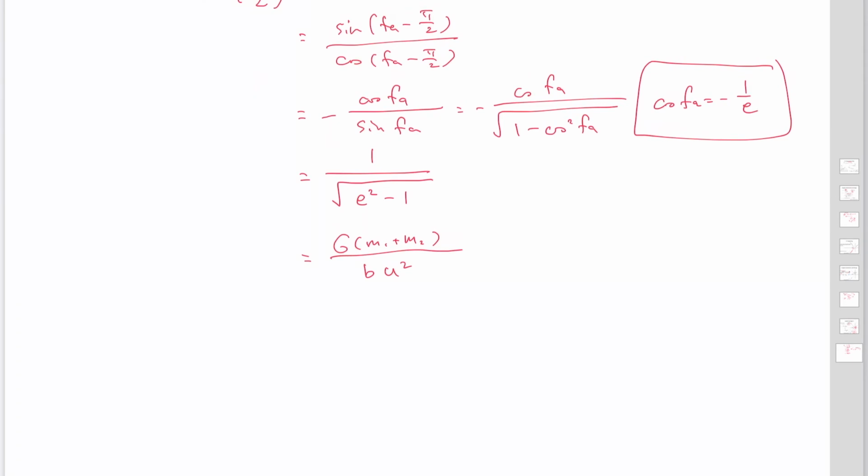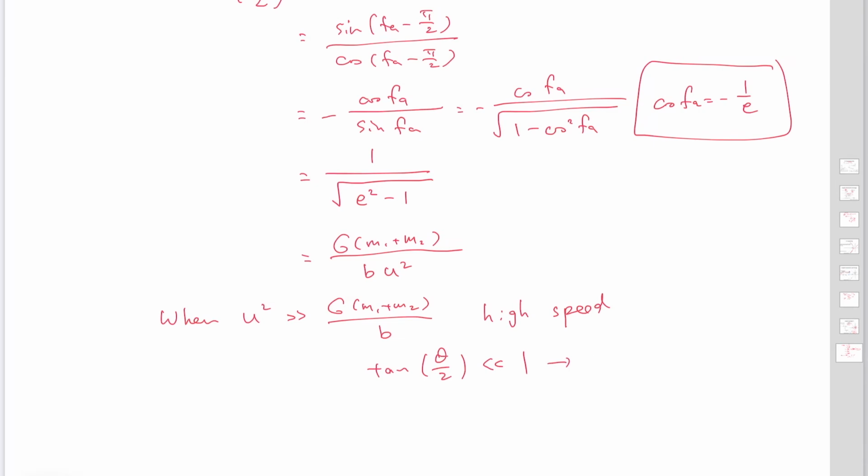Then we consider when u squared is much larger than G times m sub 1 plus m sub 2 over b. This is really high speed, meaning a high speed scattering process. In this case, tangent theta over 2 is much smaller than 1.